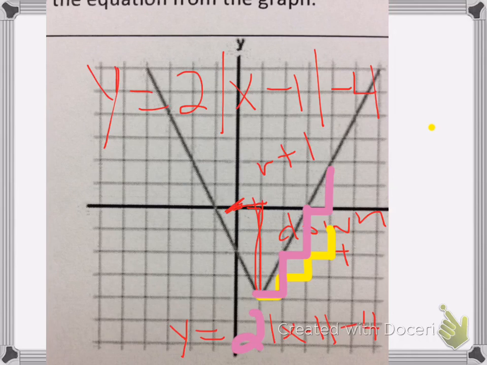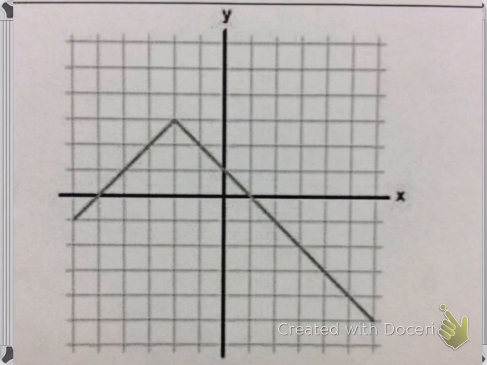All right, one last problem. This one flips upside down, so we know automatically it's going to have a negative sign on it. But let's just see what we did with our left and right and up and down. So from the origin, we moved 2 to the left. And from the origin, we moved 3 up.